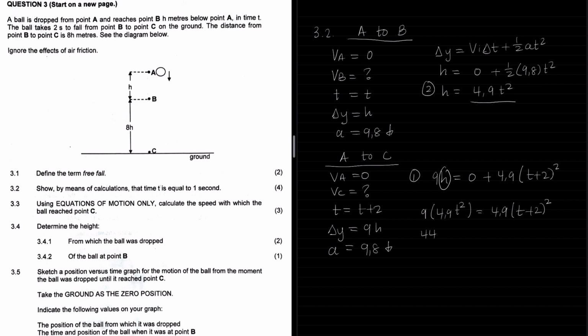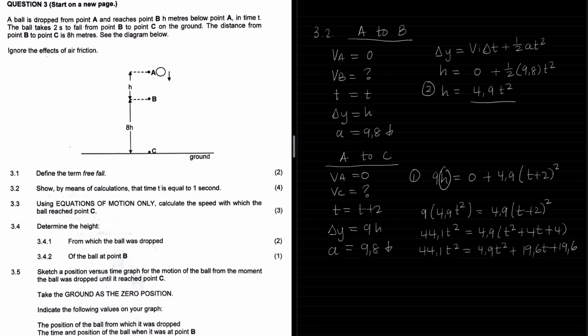So 44.1 t squared equals 4.9 into t squared plus 4t plus 4. Now simplify. 44.1 t squared is equal to 4.9 t squared plus 4.9 times 4 is 19.6, so 19.6 t plus 19.6.